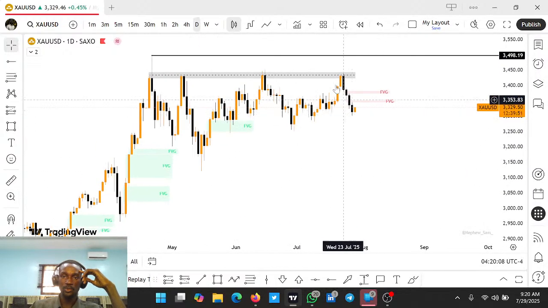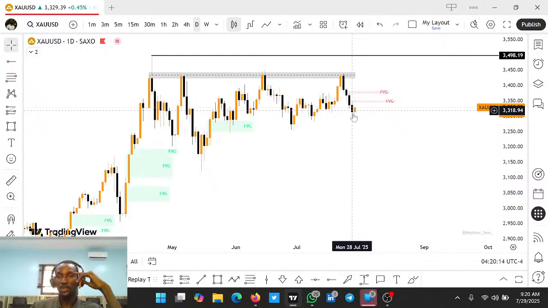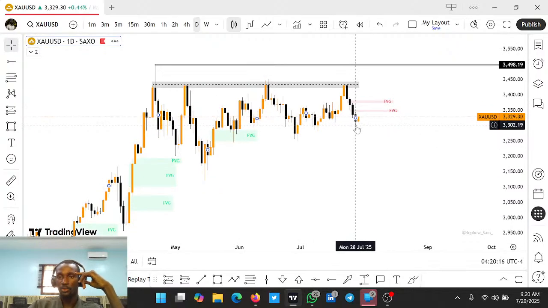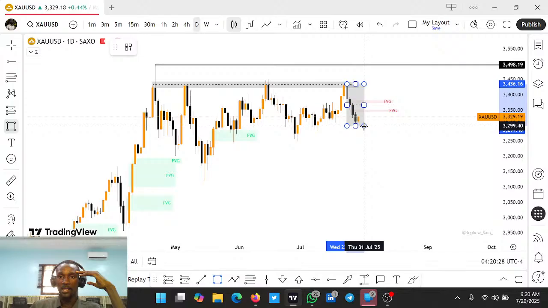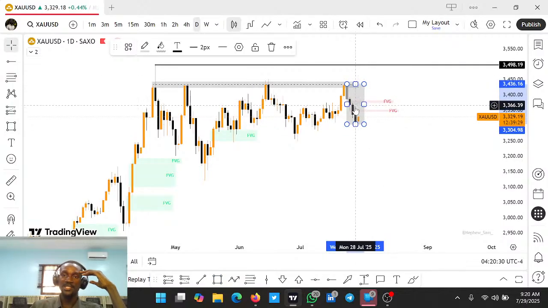So looking at gold now, you can see three days straight, one, two, three, four. In fact, all this gold I've been selling. So if I'm to trade gold, I'll have my bias to be a sell. Looking at this momentum, four days straight gold has been selling. Instead of buying now, I should be on the sell side.